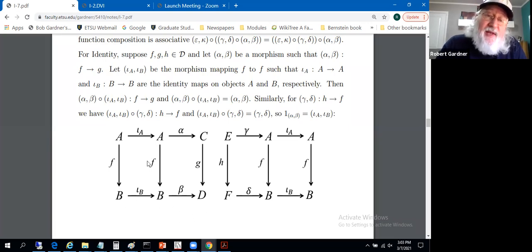We're trying to take alpha beta composed with iota sub A, iota sub B, and show that that behaves the same as the mapping alpha beta. So we're trying to take alpha beta composed with what's alleged identity and show that we get the alpha beta back out. So indeed, this is behaving as a left identity.